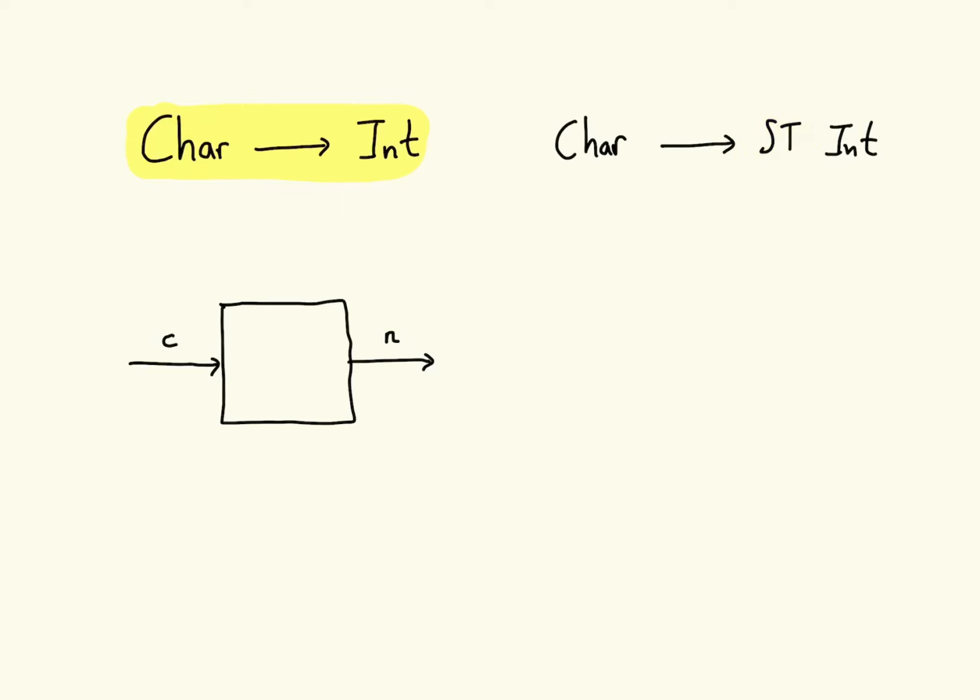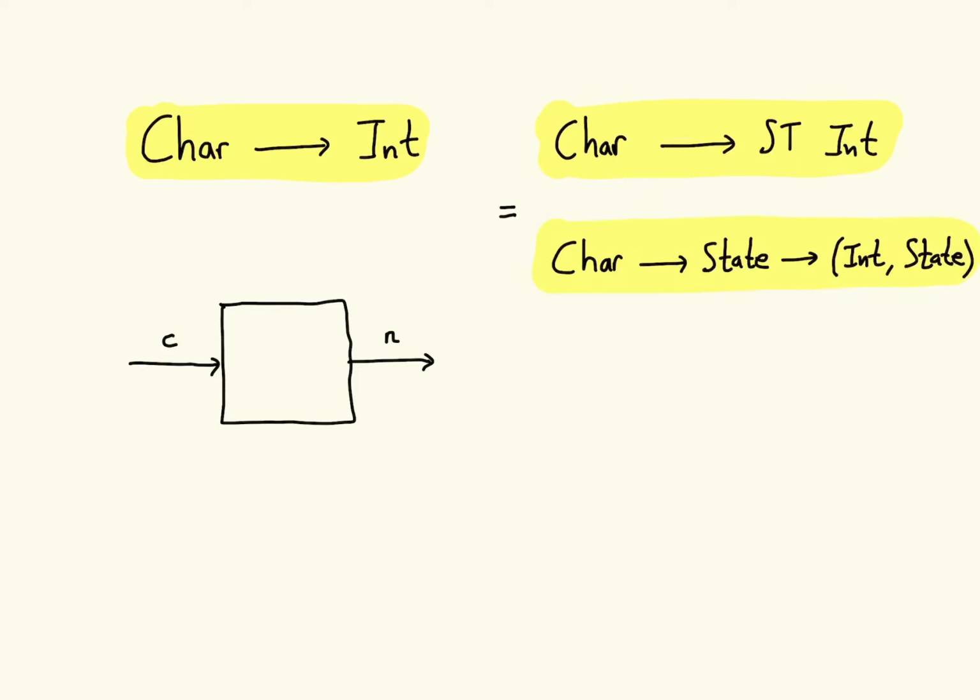So if we were to expand out the definition of st here, and for now I'm going to forget about the dummy constructor because it's not really important for this explanation, this is really the same thing as taking a character as an input, and then also taking a state as an input. That's unwinding the st. And then what we're going to get back is an integer as the result value, and then a possibly modified state. So when I write this type here, what I'm really meaning is this here.